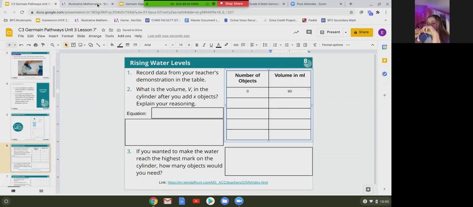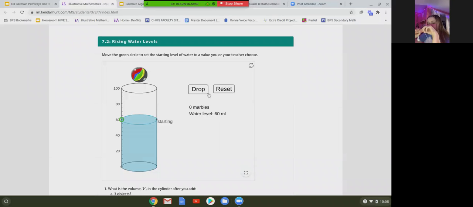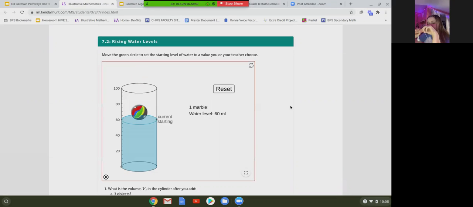So if we add some marbles to this container, let's add 1. When we have 1 marble in our water, how much is our water level now? Nice job, Sawyer. Nice job, Avery. Nice job, Annie. Fantastic job, Courtney and Olivia.